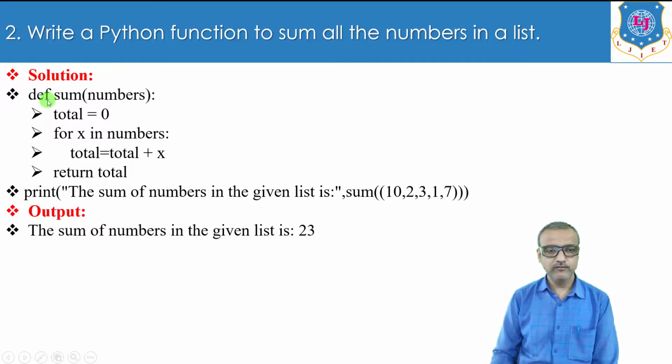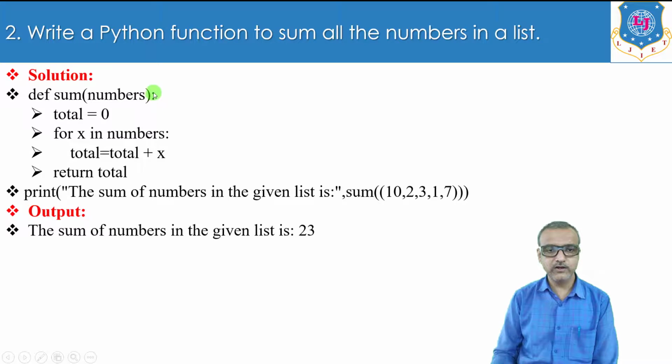So first of all, we are going to declare a function. To declare this function, first of all, we will write down the keyword, that is def, and this is the function name, that is sum, and here we are passing the parameter numbers.